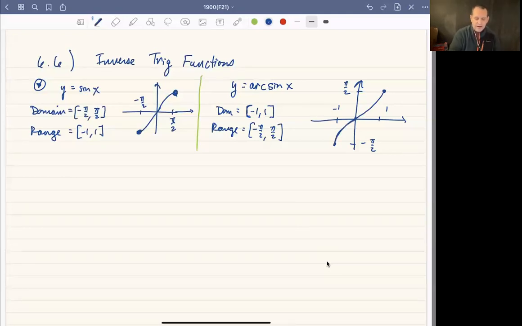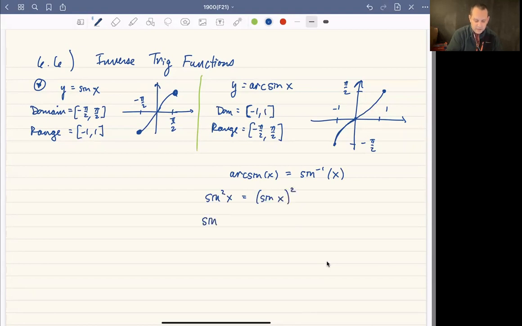Before I go on, let me say one other way to write this. Sometimes it's nice to write arcsine because it's clear what we mean. But instead of writing arcsine of x, sometimes it's also customary to write sine inverse of x. And that inverse reminds us that this is the inverse sine function. The problem with that notation is that when you write sine squared, that means sine of x squared.